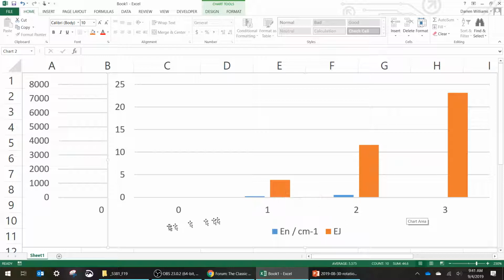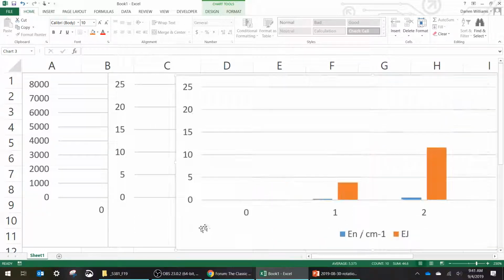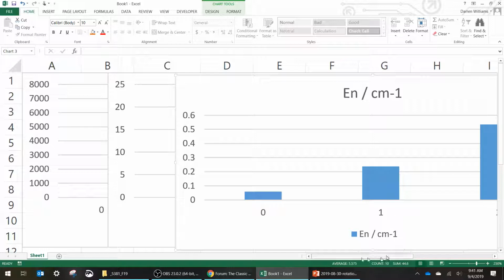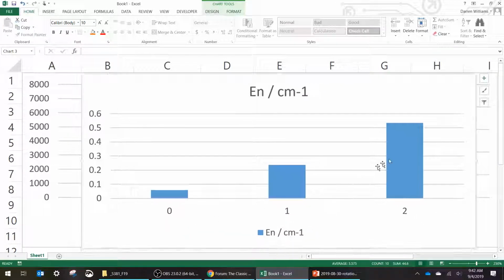And so then, dragging this again, now delete the rotation, and here's our translation. So everything under 1 wave number. I mean, we're in the second excited state, and we're still not up to 1 wave number of energy.